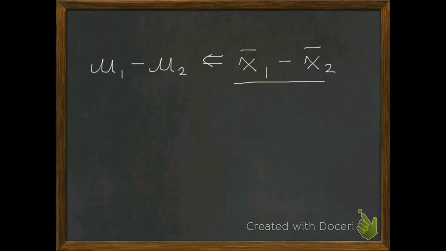Now, regardless of your statistics background, if you're going to investigate the difference of two population means, it should make sense that the point estimate we would use is the difference in the sample means. So in terms of our underlying probability distribution, this is going to serve as the point estimate of the value that we're ultimately trying to estimate.